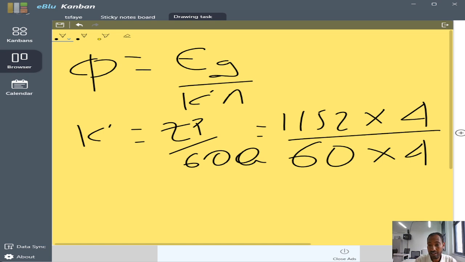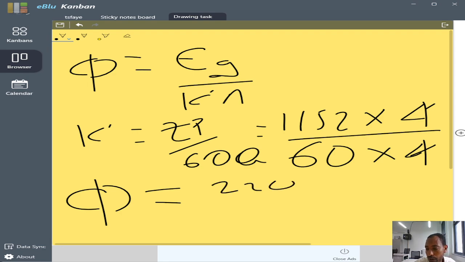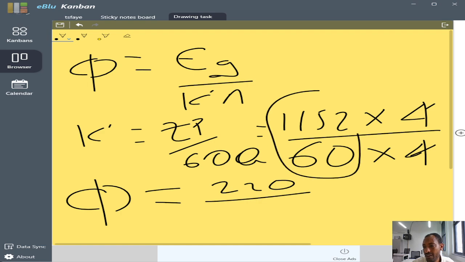Now flux is going to be, we have to calculate this, and Eg is already told, how much is it? 220 divided by K prime is this much.